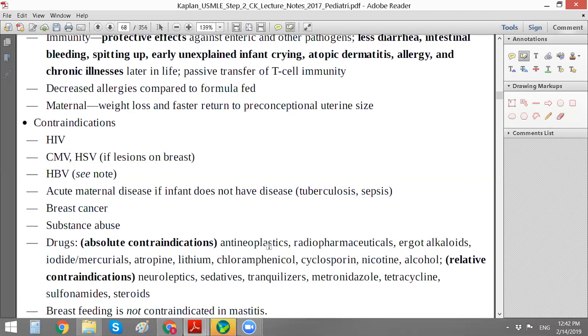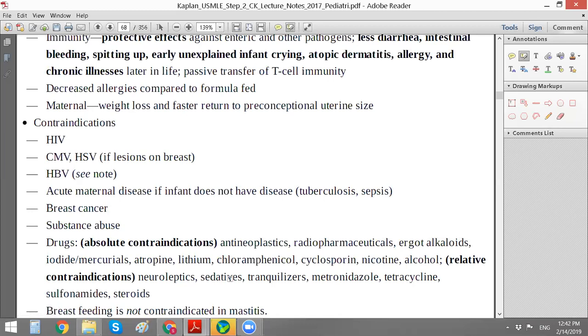Drugs, absolute contraindications are antineoplastics, radiopharmaceuticals, ergot alkaloids, iodide, mercury, radioiodine when the person is taking radioiodide for thyroid therapy. We don't give atropine, lithium, chloramphenicol, cyclosporine, nicotine, alcohol.